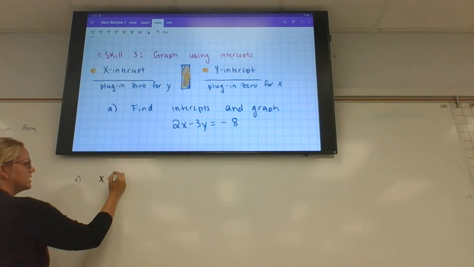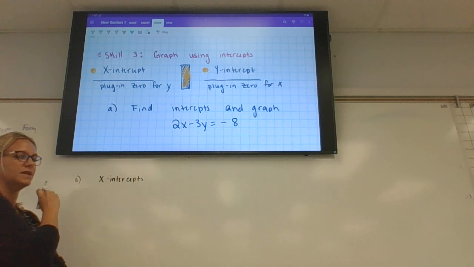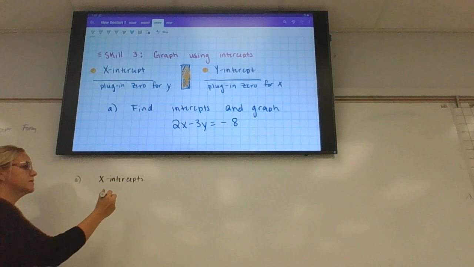So for all x-intercepts, you're going to plug in 0 for y because that x-intercept's y is 0.